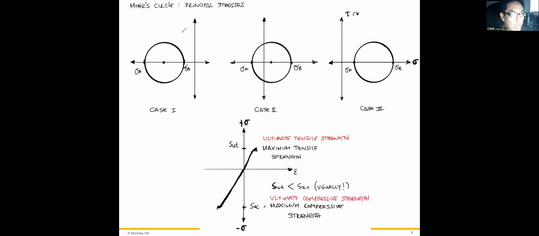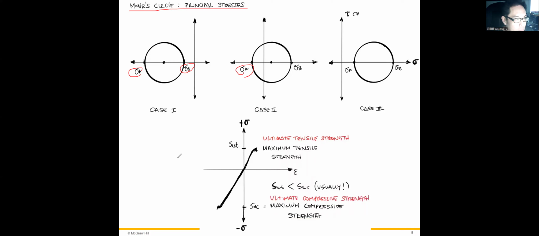So for the principal stress, you guys must be familiar with the Mohr circle, right? So let's discuss different cases of the Mohr circle, or of the principal stress. Here I use the notation sigma A and sigma B as the principal stresses. Later on I'm going to change it to sigma 1, sigma 2, and sigma 3.